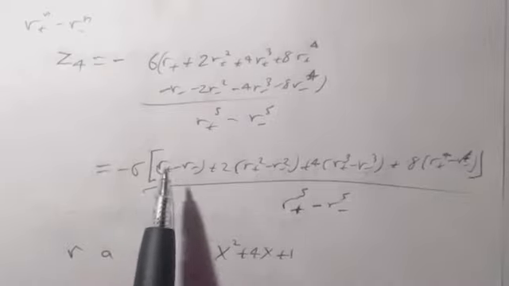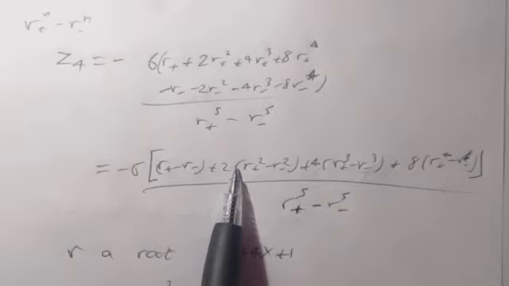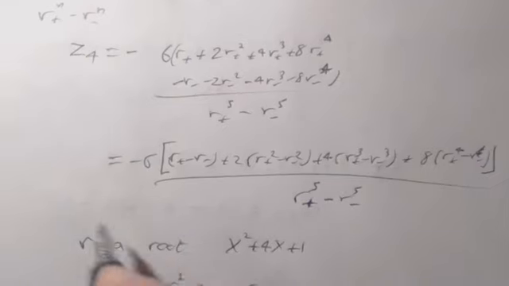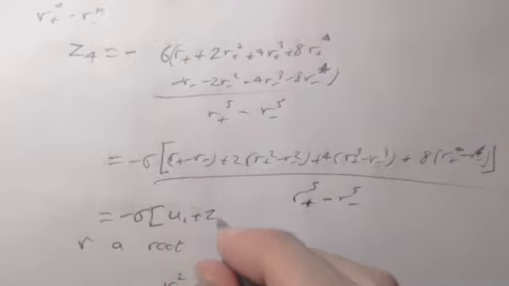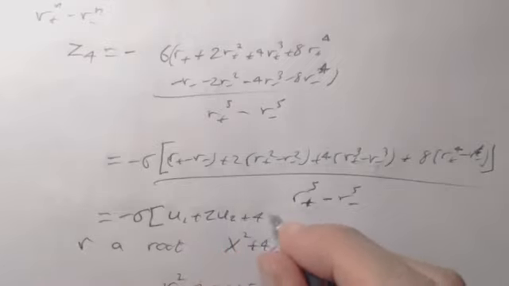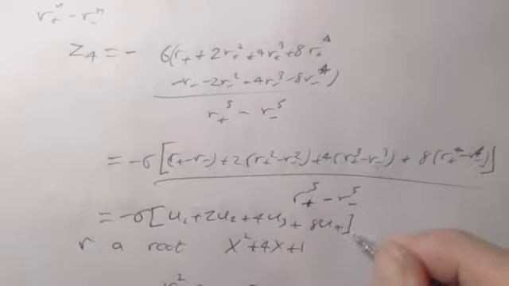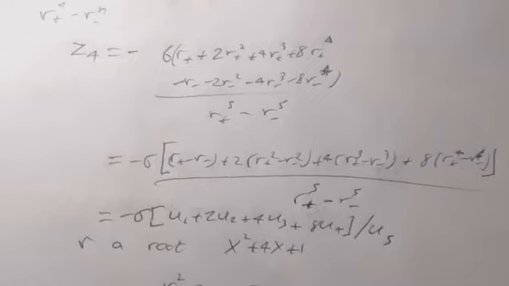And if I divide the top and the bottom of this equation here by 2 root 3, we can then say that Z4 is equal to minus 6 times u1 plus 2u2 plus 4u3 plus 8u4 divided by u5. So we have a very nice simple way now of calculating Z4.